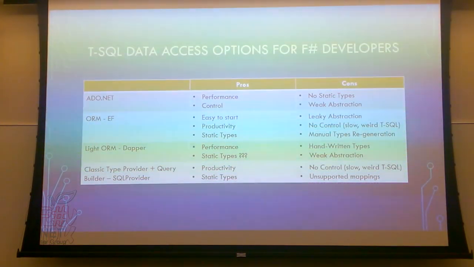One obvious option is raw ADO.NET. The advantages of this are performance, and we have complete control of Transact-SQL queries. But of course, it's a weak abstraction, with a lot of plumbing, very low level. Another option is to use an ORM, like Entity Framework.